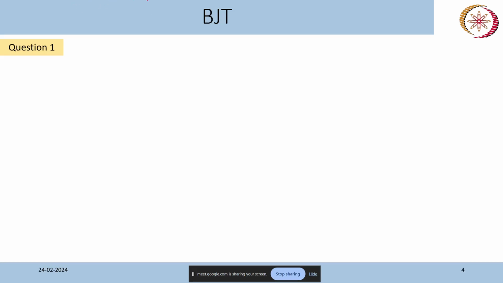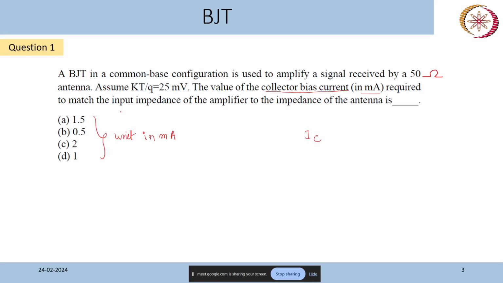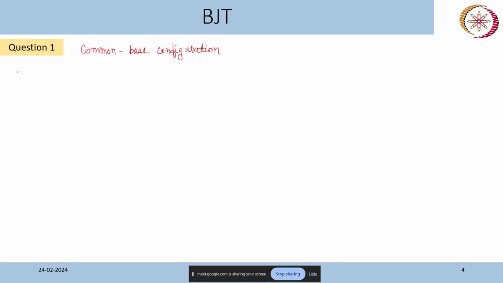So before going through this solution, let me give some of the parameters that are used in the small signal model of BJT. Small signal model parameters.